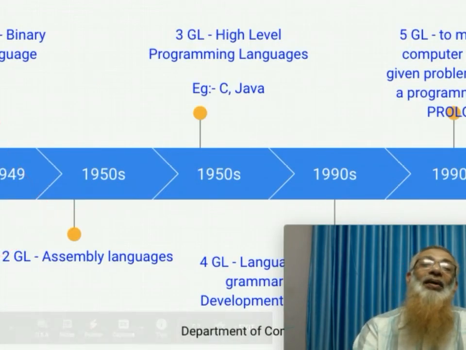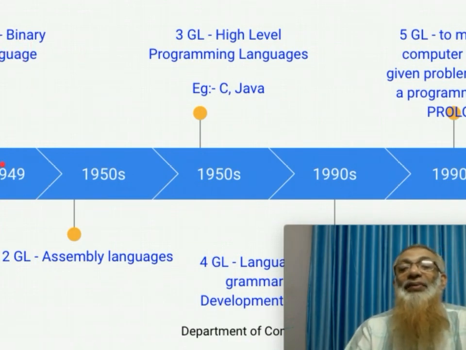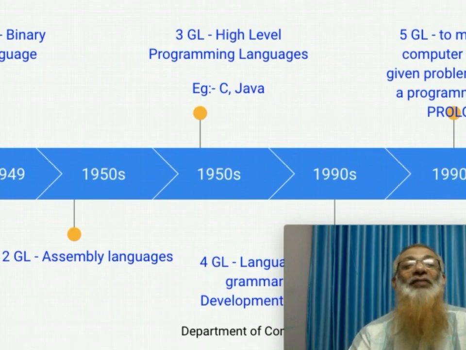We have learned in our primary days of computing that there are different generations of computers and how computers evolved to the shape we see today. In those early days also there was programming, but those programs are called first generation programming languages. It was fundamentally binary languages.